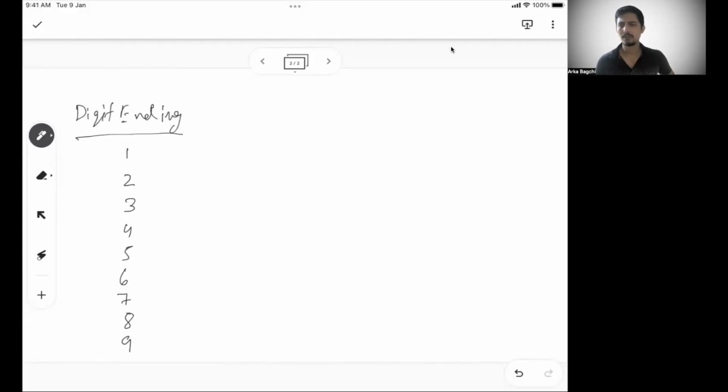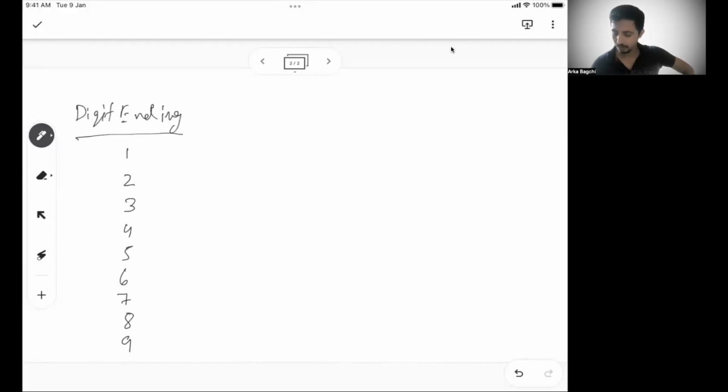For 0, the ending digit will not change with the power. Let's say 1 to 9. And what happens to 0? Every time, the ending digit will be 0. No matter what power you raise it to, the ending digit will always be 0.